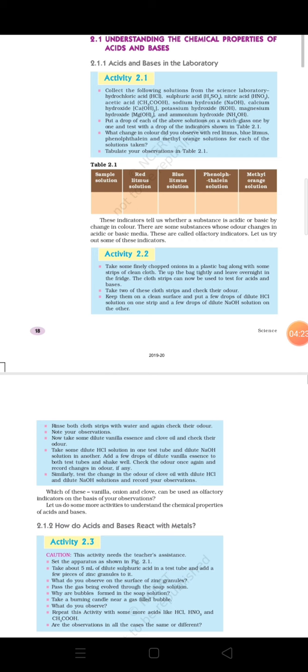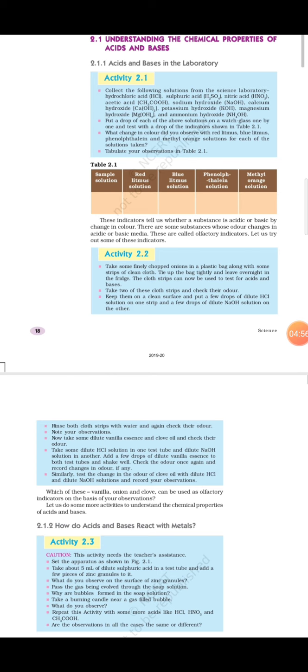That means you will not find any change in color. And if you add phenolphthalein solution to any basic medium, you will find that the color changes from colorless to a very bright pink. Only one drop is more than sufficient. You can easily find the result with one drop of indicator, and this is how you can easily differentiate between acidic solution and basic solution using phenolphthalein.